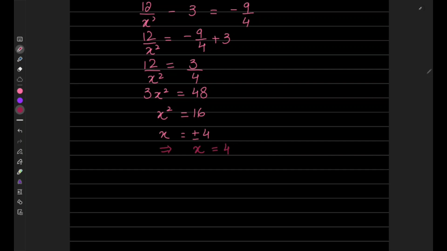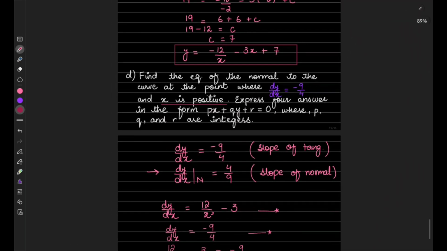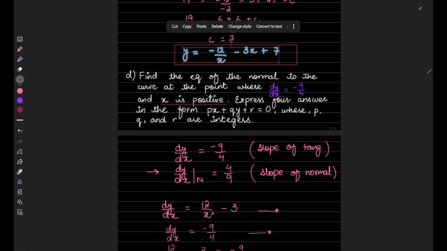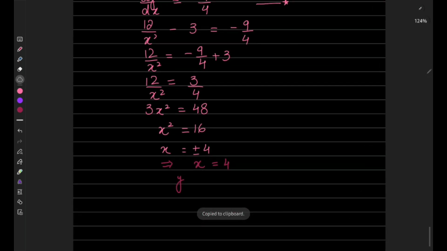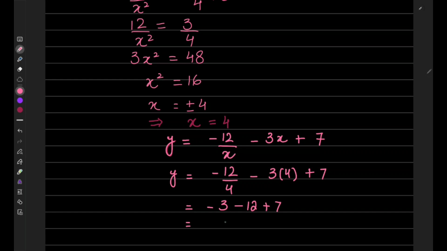Now, if you get x, you need to find the y coordinate also. For this reason, you need the equation of the curve, and that is here. y is equal to minus 12 over 4 minus 3 times 4 plus 7, which is minus 3 minus 12 plus 7, and that gives you minus 15 plus 7 is minus 8.